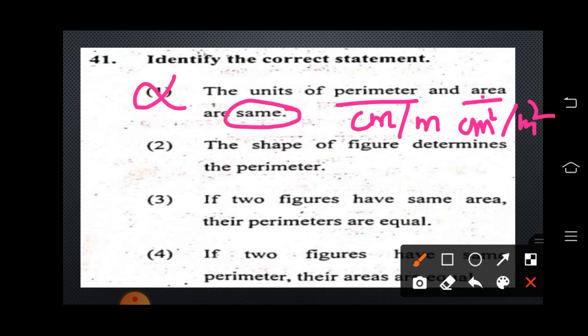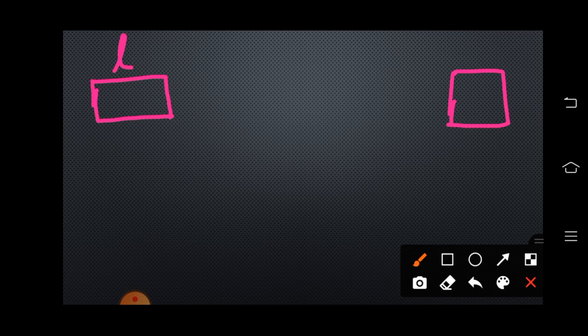And option 2, the shape of the figure determines the perimeter. You can see the shape of the figure, this is a rectangle and this is a square, this is length, and here in a square we know that all sides are equal. And how will we find the perimeter?